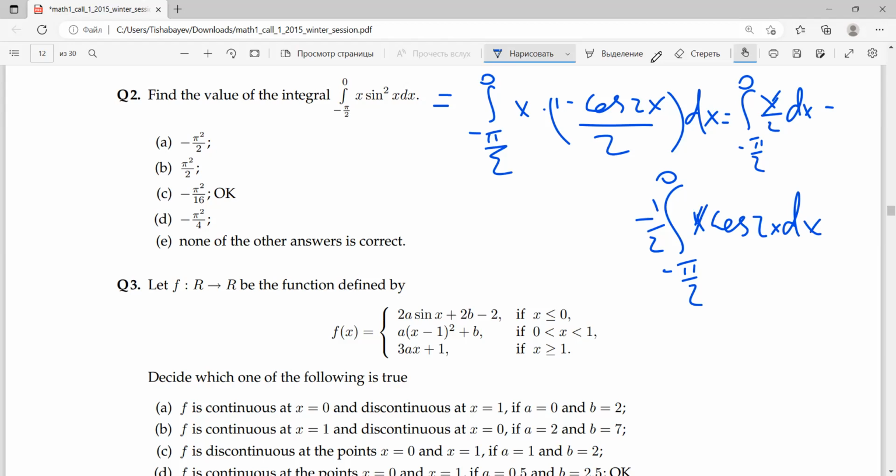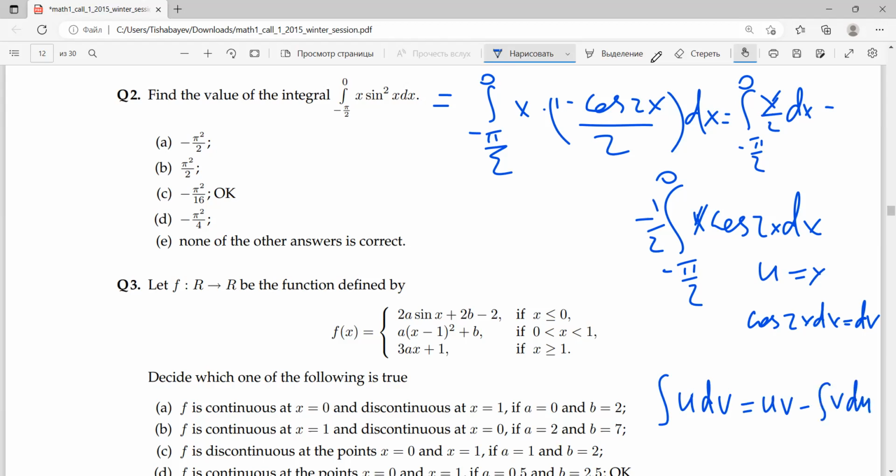The first one is very easy. The second one is just using integration by parts. You denote u as x, and cosine 2x dx will be dv. And what was the formula for integration by parts? Integral of u dv equals uv minus integral of v du.